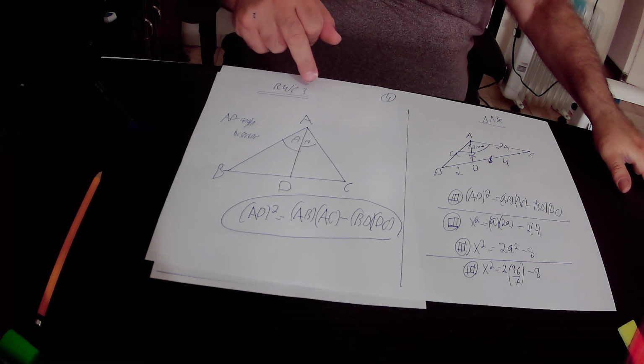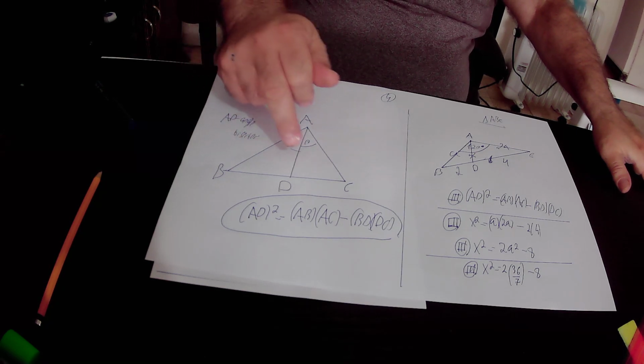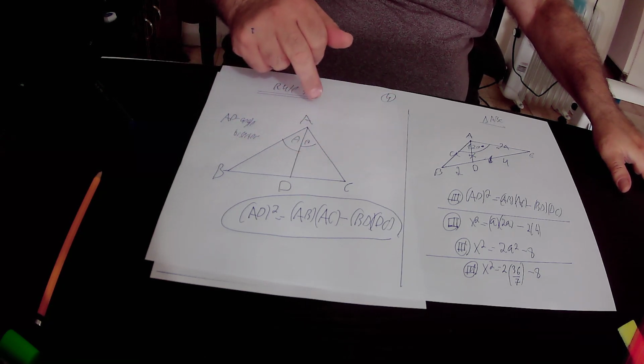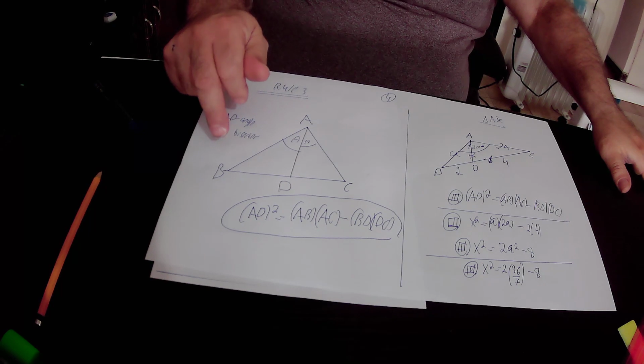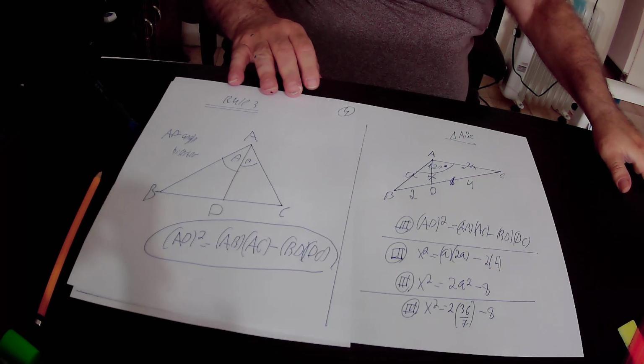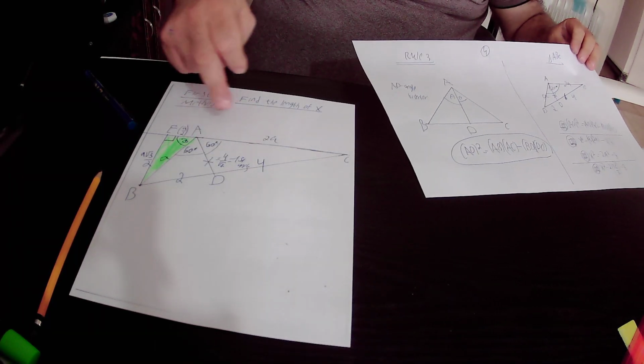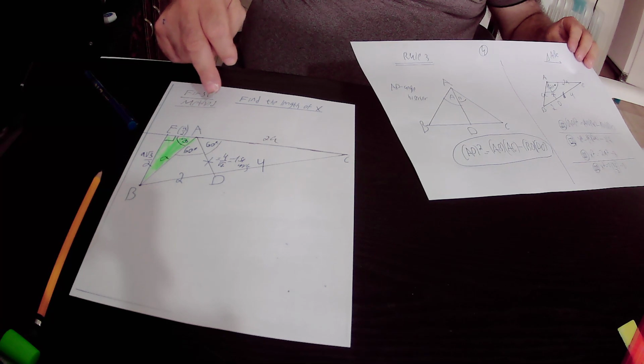According to rule number 3, AD square equals AB times AC minus BD times DC. We implemented rule number 3 in triangle ABC because in this triangle we have the angle bisector AD.